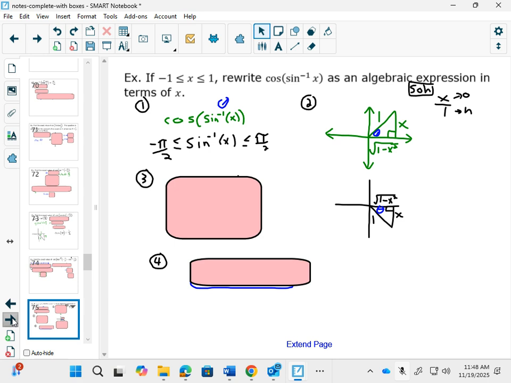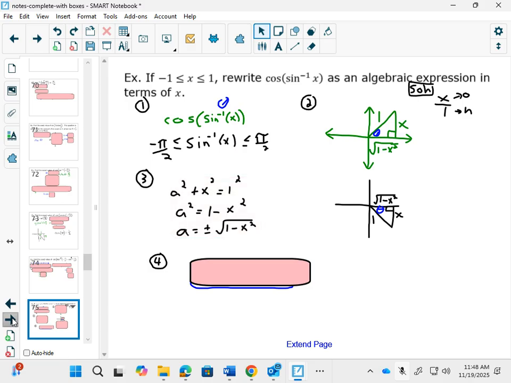So do you see that this one would be the square root of 1 minus x squared over 1, and this one would be the square root of 1 minus x squared over 1? So cos of theta is just going to be the square root of 1 minus x squared, and it doesn't matter whether it was in quadrant 1 or quadrant 4. Now we've written an expression for cos of theta in terms of x.